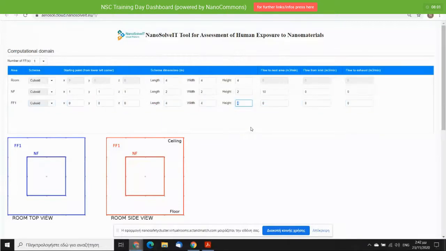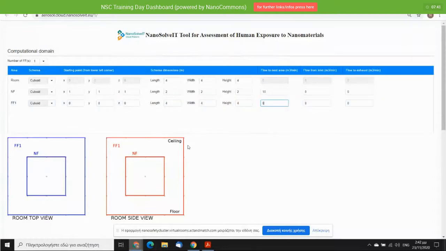Practically speaking, if I do this, you see here that this side does not match the wall of the room, so on this wall we're not going to have deposition.